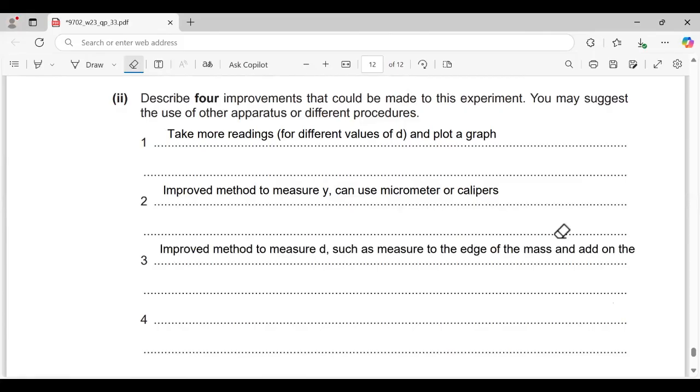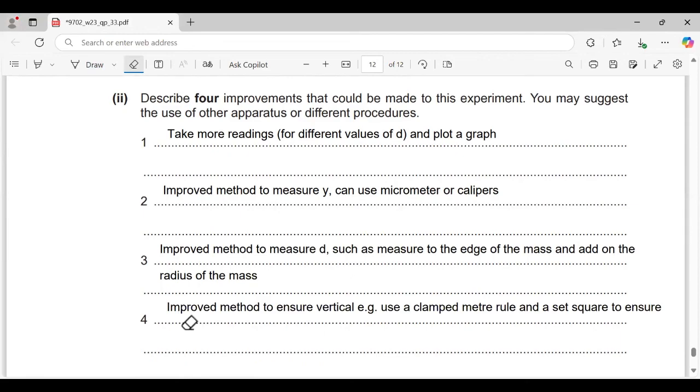The third, improve the method to measure D, such as measuring to the edge of the mesh and adding on the radius of the mesh. And the fourth, improve the method to ensure the Newton meter is vertical, for example, use a clamp, a meter rule and a set square to ensure vertical, or use a plumb line as a reference.